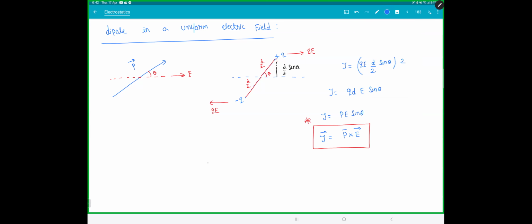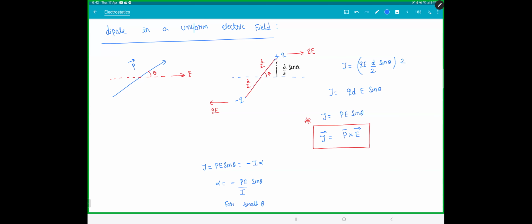For small angles, now we know torque is equal to PE sine theta. This is equal to minus I alpha. So I can write this thing as alpha is equal to minus PE by I into sine theta. For small theta, your alpha becomes equal to minus PE by I theta.